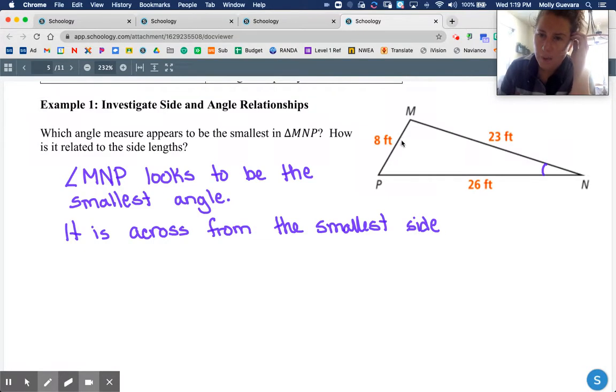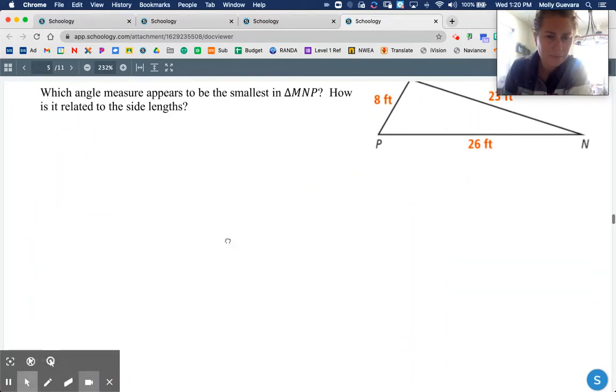So my biggest angle, which would be M, is across from the biggest side, and so on and so forth. That is a trend that happens pretty much in all of our triangles. So let's look at another quick example like that.